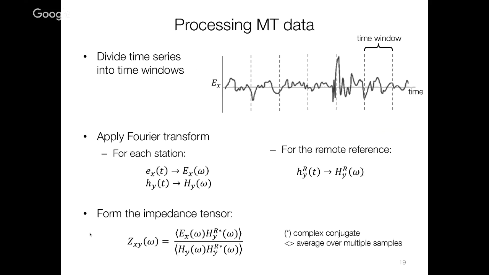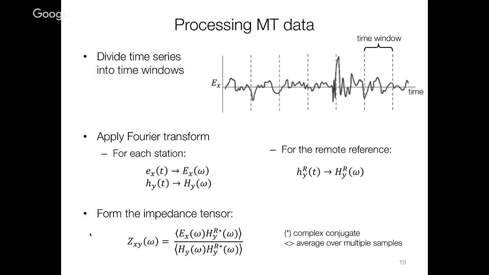Turns out it's more stable if you do one kind of modification. Instead of taking that ensemble average of EX upon HY, we actually use a remote station. That remote station might have noise characteristics that are different from local characteristics, because what you're really worried about is local noise contaminating both EX and HY, and that would give you a biased estimate.